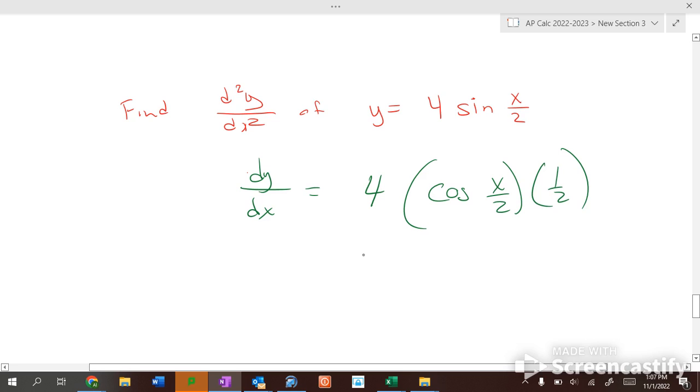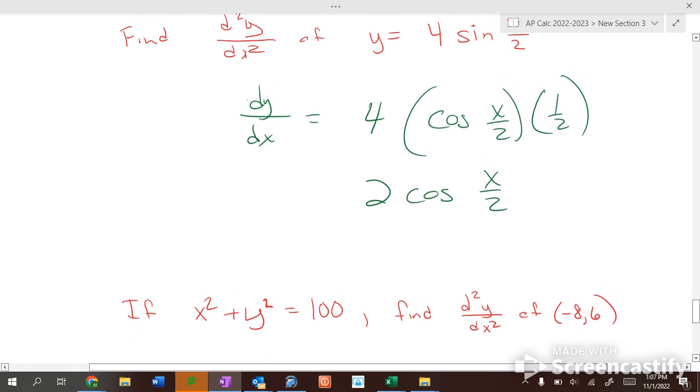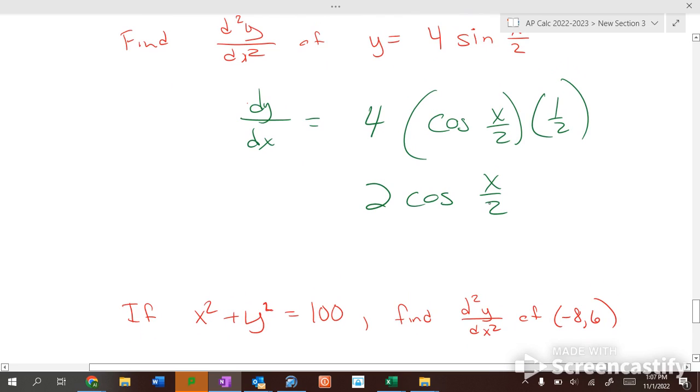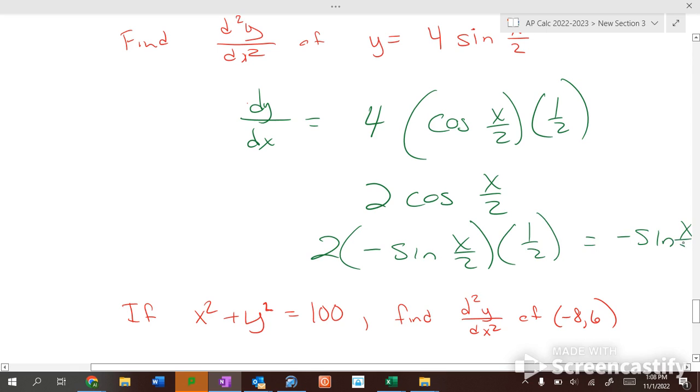So it's 2 cosine of x over 2. Now you'd have to take the derivative of that, which is 2 times negative sine of x over 2 times 1/2, right? So if we do that, it just finishes up as negative sine of x over 2.